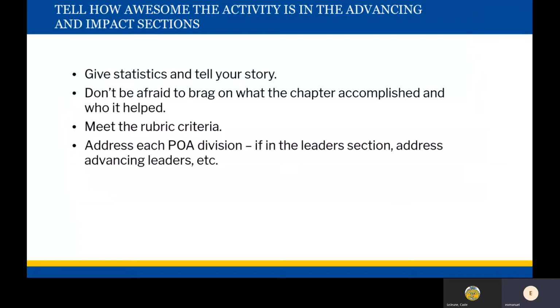And then this is probably two of my favorite parts of the application, the advancing and impact sections. This is your chance to tell how awesome the activity is, give statistics, and really tell your story about what happened with that activity. Don't be afraid to brag on what your chapter accomplished and who it helped, because I know for a lot of us as ag teachers, we don't think of the things that we do every day as being that extraordinary, but to some people in our community or some students in your chapter, it is really, really impactful.